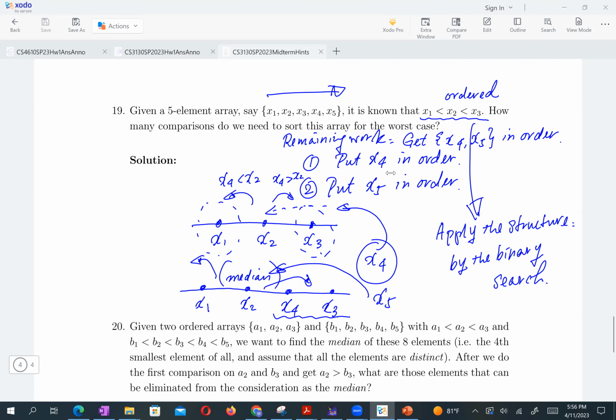But from what you write here, it looks like too much work. So if, let's say, x1 less than x4, first, did you follow the order of our comparison of the binary search?